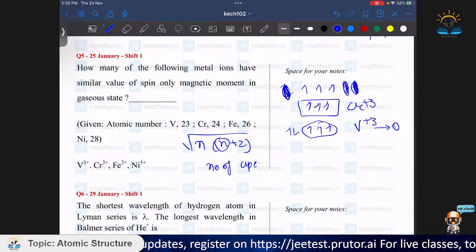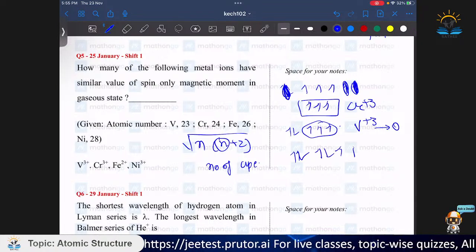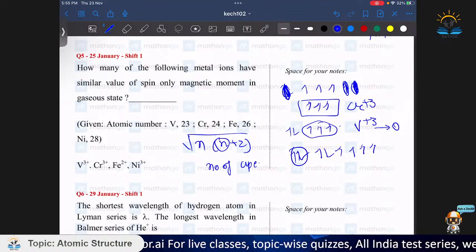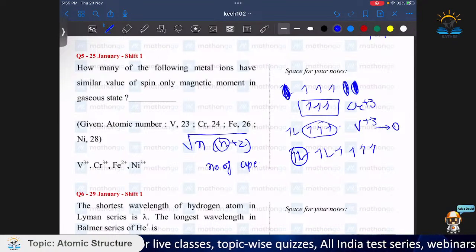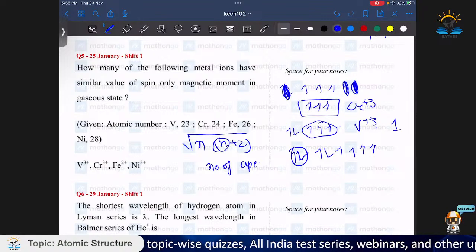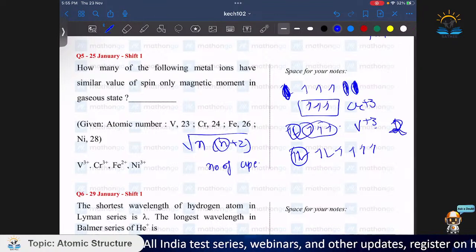Manganese, iron. Iron is this and you remove 2 electrons. So you remove these 2, right? No, I'm so sorry. Vanadium, you will have 1 because you will remove these 2 first and then this. 3 electrons you're removing, so you will have 2 unpaired electrons.